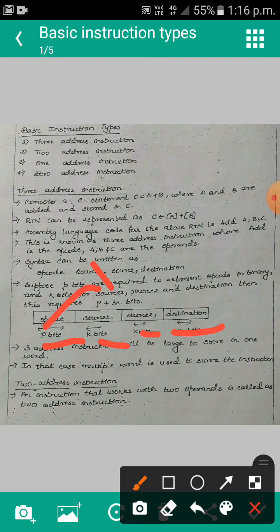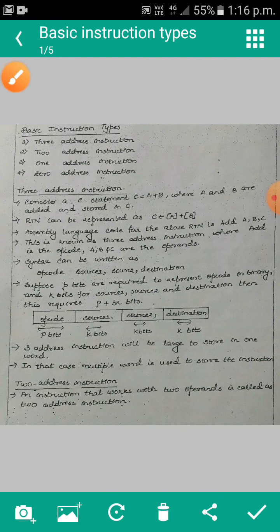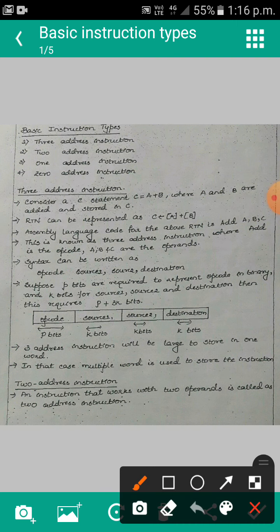So 3 address instruction will be too large to store in one word. In that case, multiple words are used to store the instruction. 3 address means it requires more memory. So multiple words are used to store the instruction. This is 3 address instruction, where we use 3 operands.